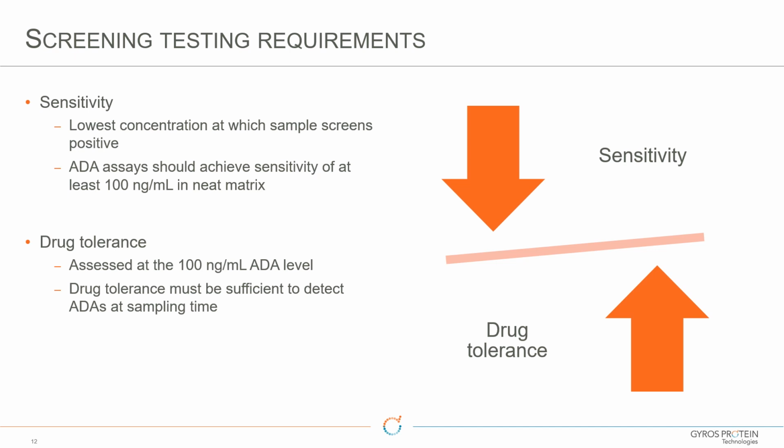In some cases, we may have a soluble target as well, and in the presence of drug, the levels of target can increase dramatically. So you need to factor in the drug, which can cause a false positive, while a target might create a false negative. It's important to understand the levels you're expecting and include those in your validation of your method.